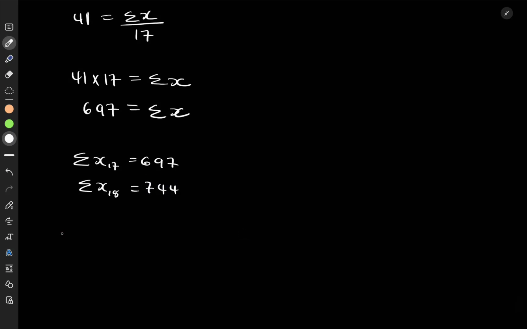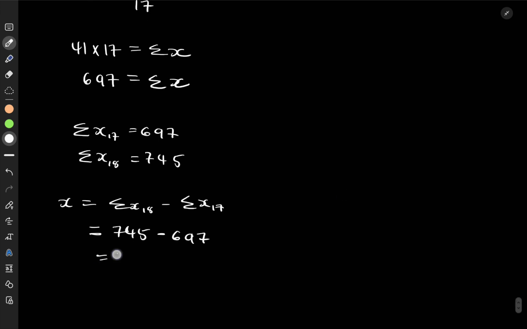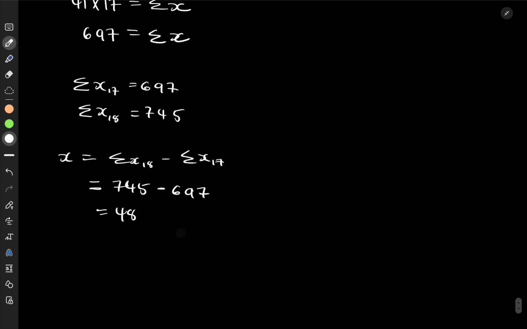So I can now say x will be equal to summation of 18 minus the sum of 17. Then I can find what the 18th one would be. So it's going to be 745 minus 697. I'll get 48. So that means the person that left was 48 years.